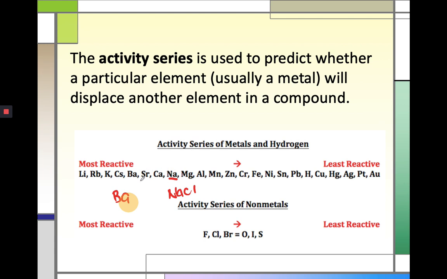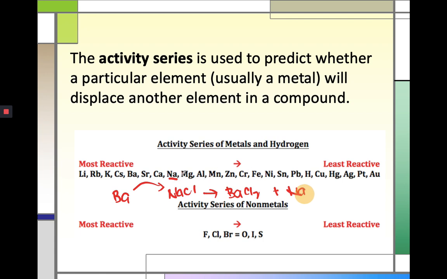Since barium is more reactive than sodium, barium will displace sodium, so that you end up with Ba, and since the charge of Ba is plus 2, the subscript of Cl is 2. Na will be displaced and will exist as a monoatomic element.